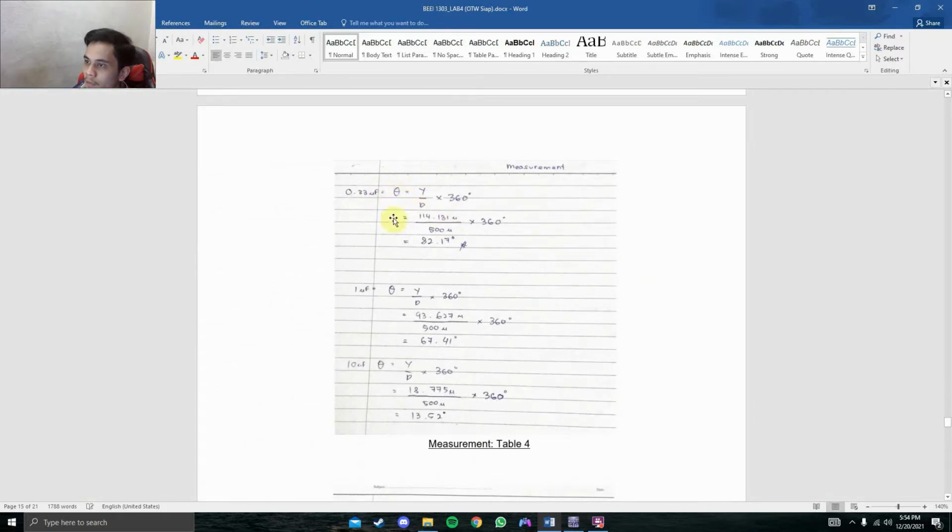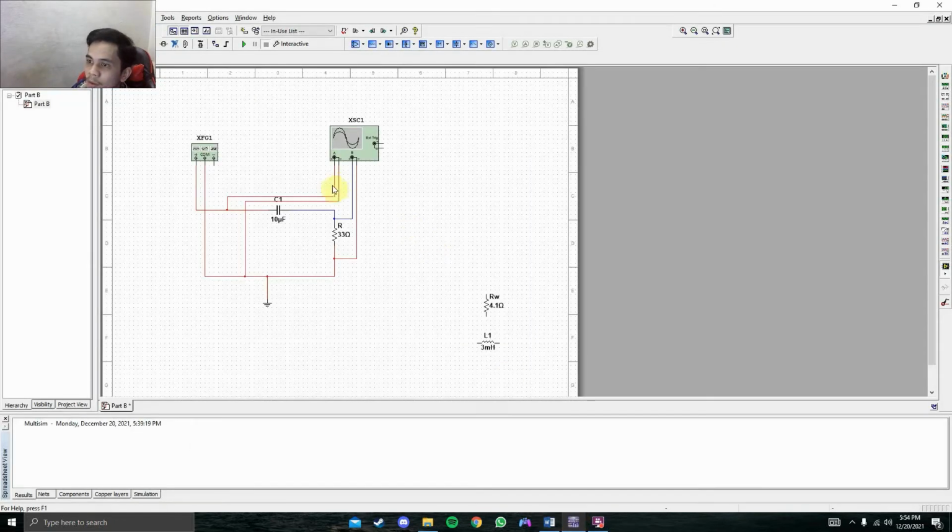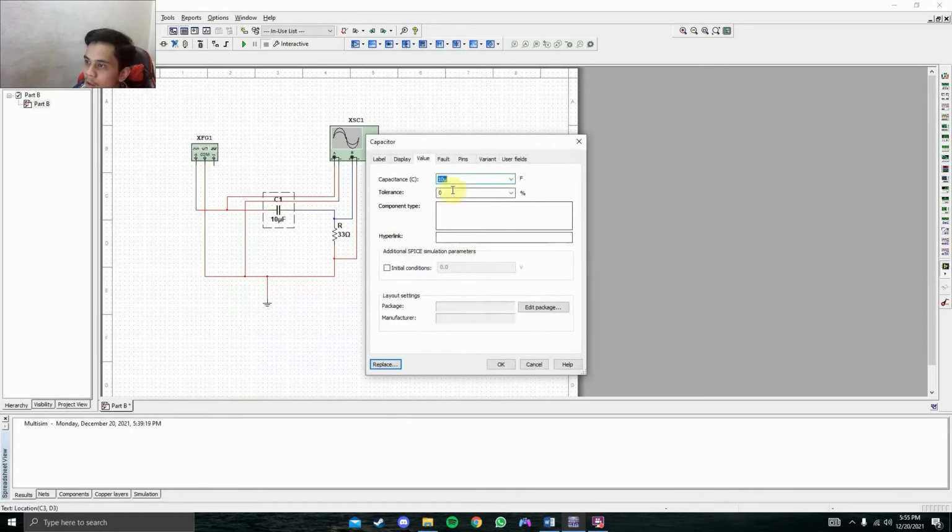The phase angle to find the measurement is equal to y over d times 360 degree. So to find y and d, we go to the Multisim. We do the 0.33 microfarad, set the capacitor to 0.33 microfarad.